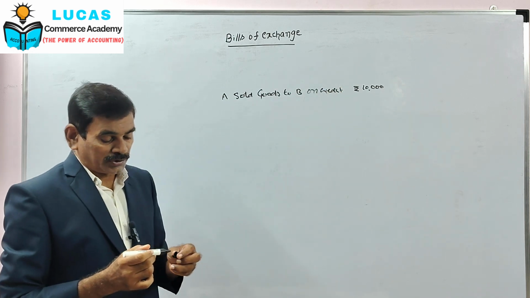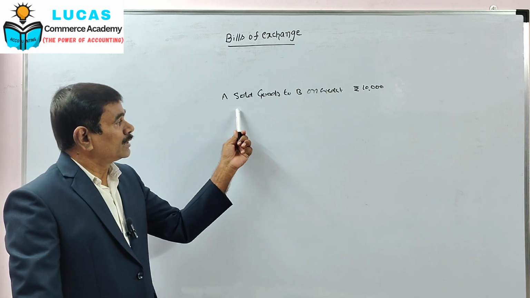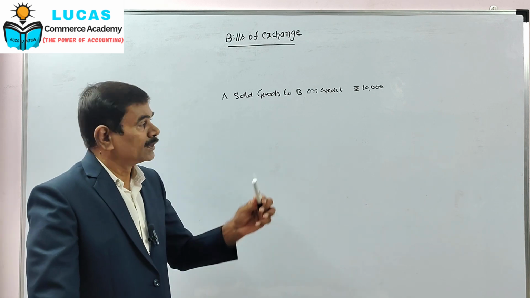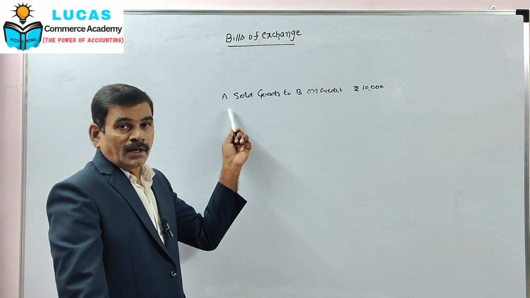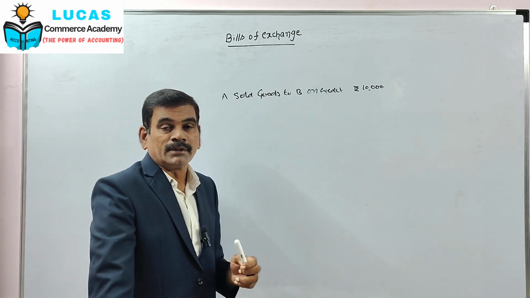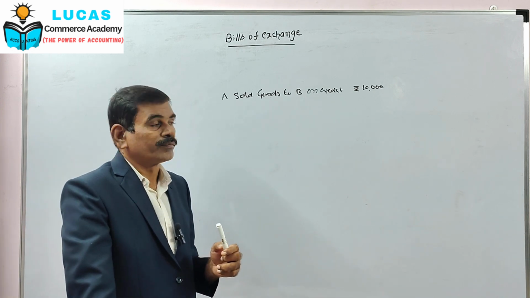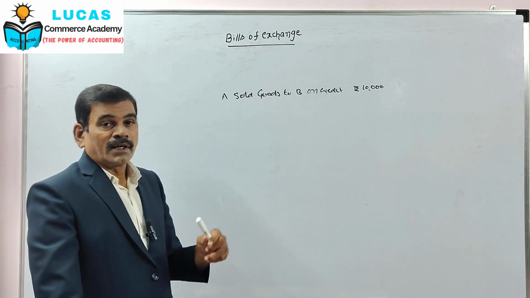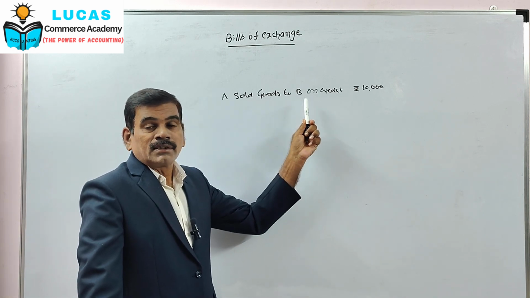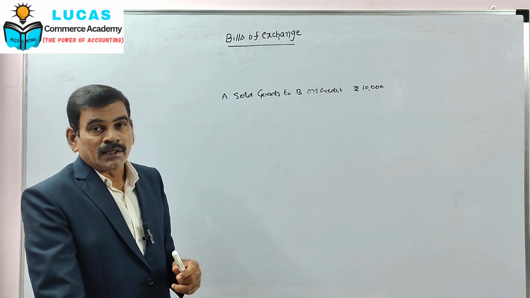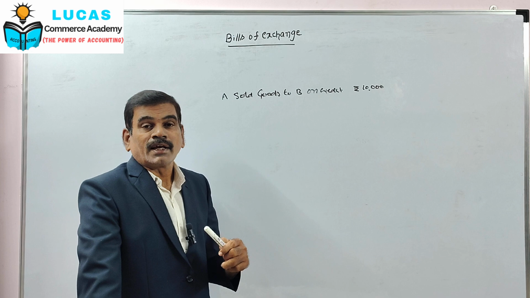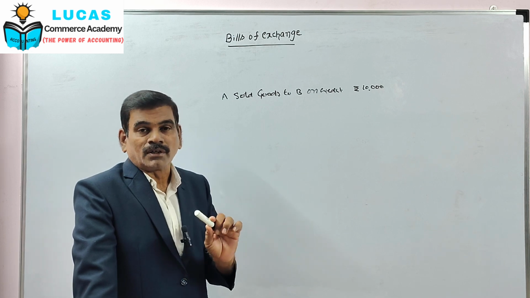Rupees 10,000. So this is the credit transaction. A sold goods to B on credit. In this transaction, B takes the delivery of goods immediately, but A receives cash from B in future.